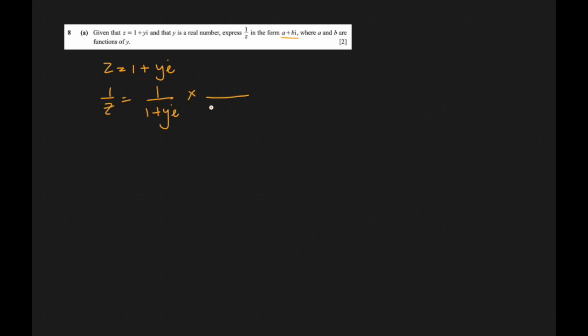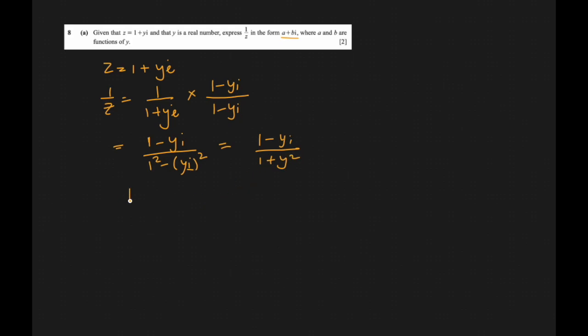So we'll multiply this by 1 minus yi on the top and bottom. What does it become? It becomes 1 minus yi divided by 1 square minus yi square, right? a plus b, a minus b multiplied, a square minus b square, that's what I've done, which is 1 minus yi over 1, because my i square is minus 1, so it becomes plus y square.